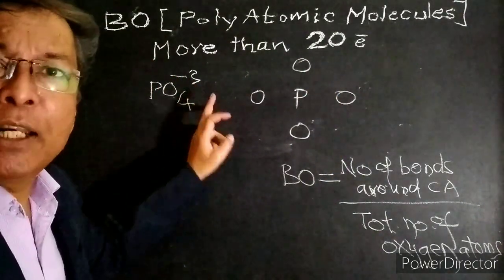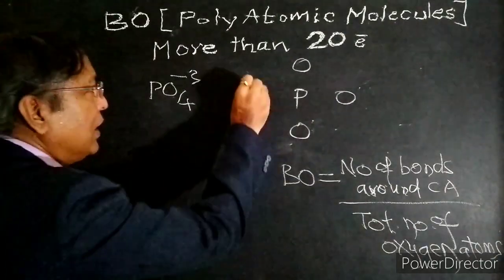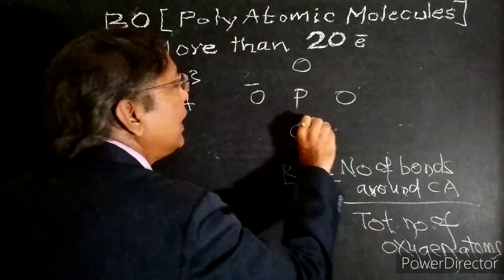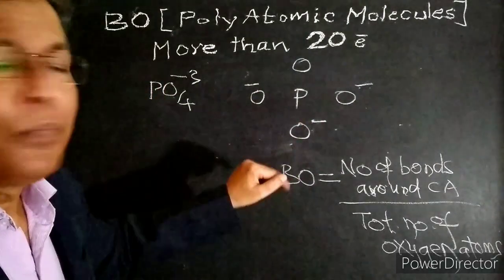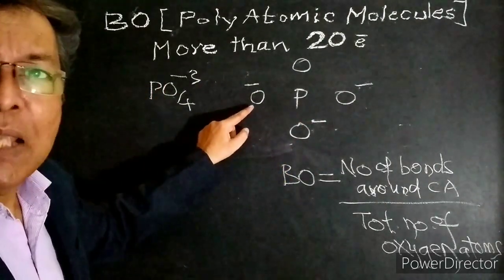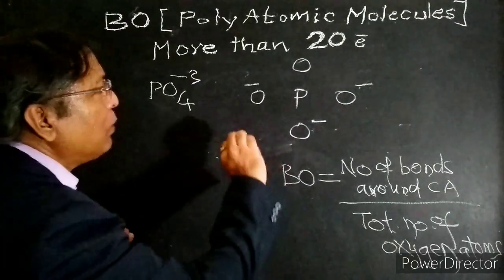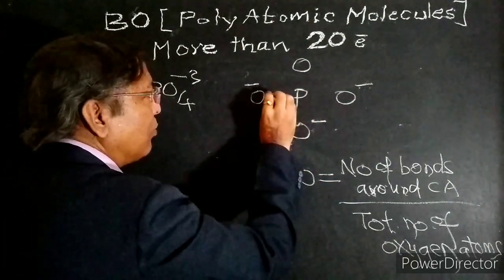There are 3 negative charges, so I can give 3 oxygen atoms negative charges. So oxygen atoms carrying negative charge should be bonded to the central atom with a single bond.